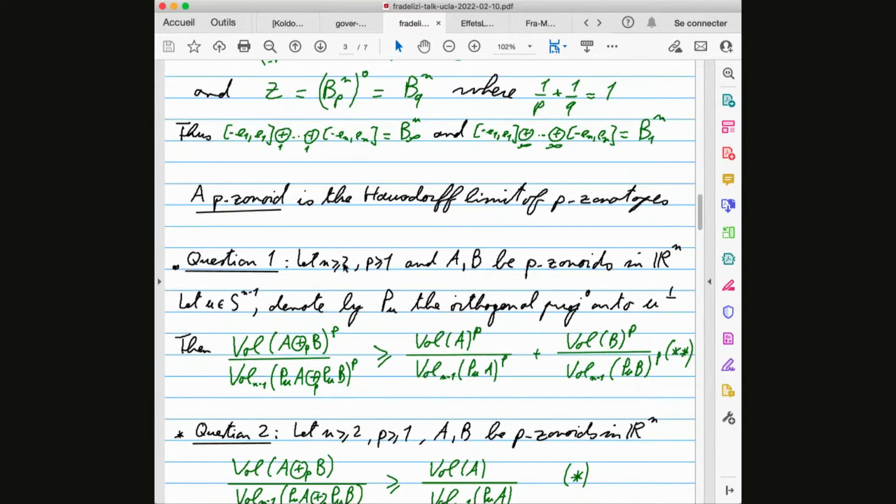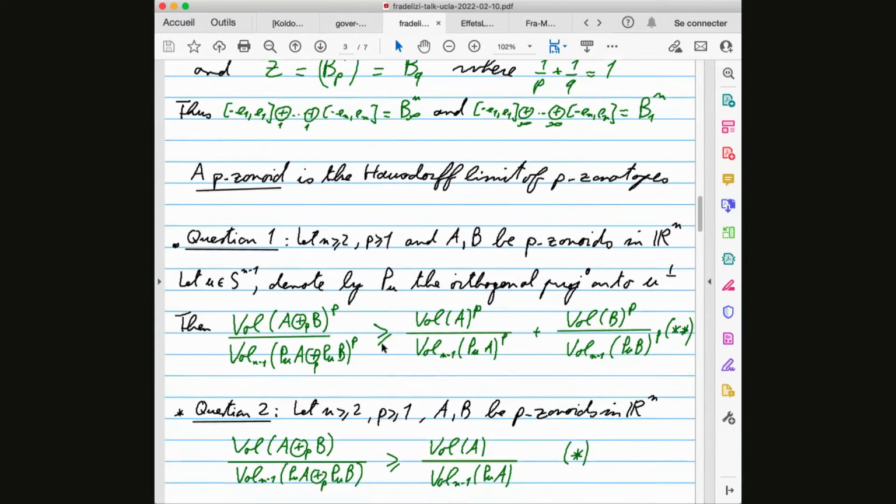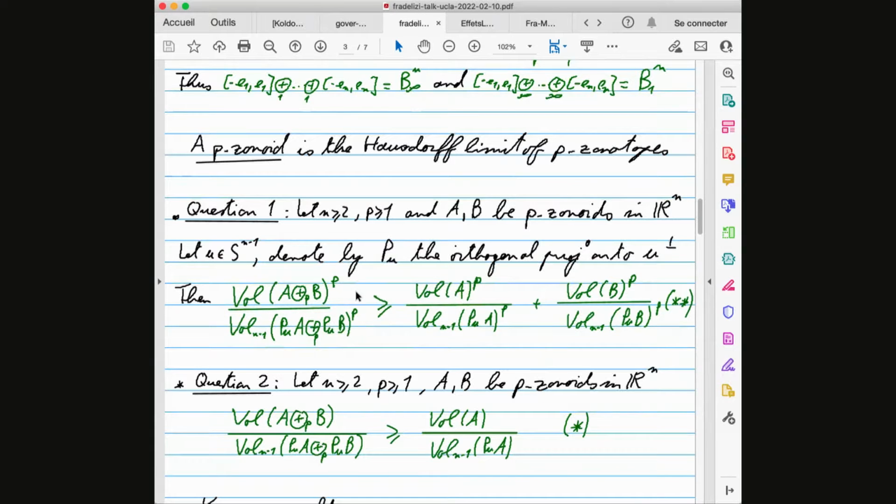Okay. And so I arrive at the question I'm interested in. I am in dimension n larger than 2. I take any p larger than 1, and I have A and B, which are p-zonoids in R^n. And I denote, for u a unit vector, P_u the orthogonal projection onto u perp. And I ask if this inequality holds.